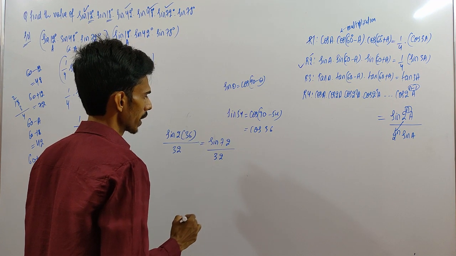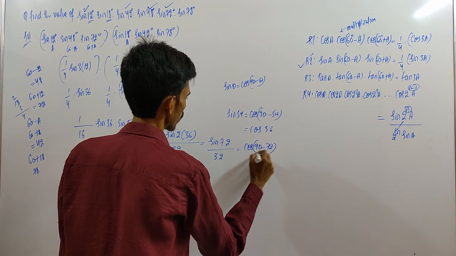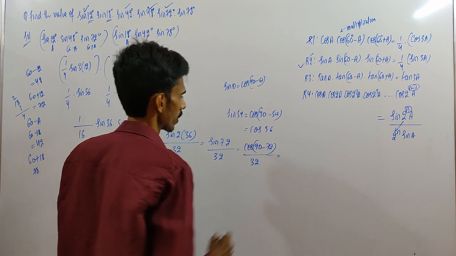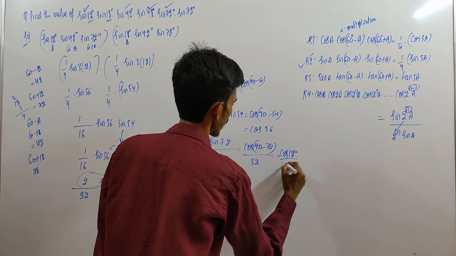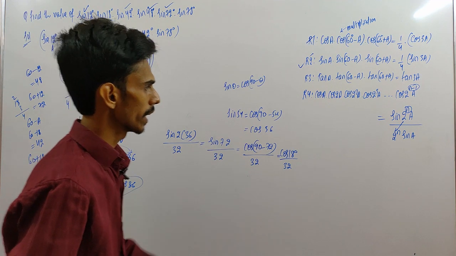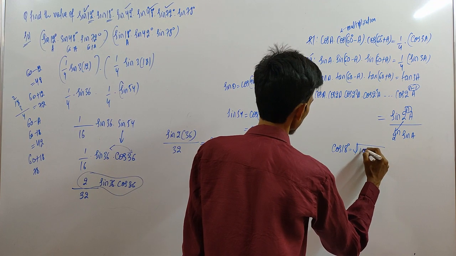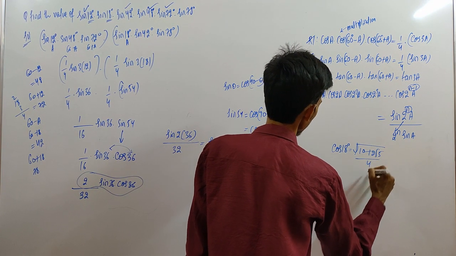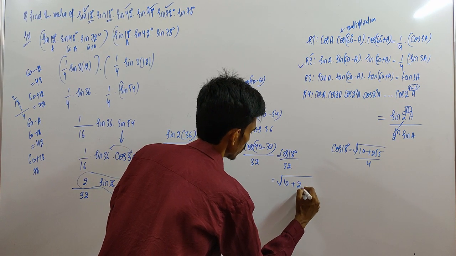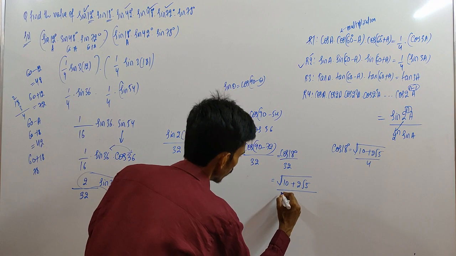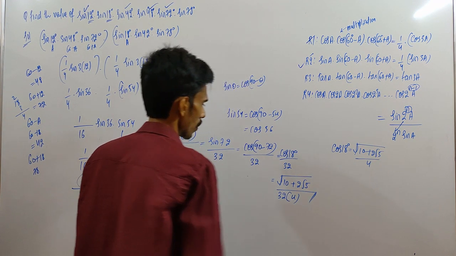Similarly, sine 72 can be written as cos(90 minus 72) divided by 32, so cos 18 degree divided by 32. Cos 18 degree value is root of 10 plus 2 root 5 divided by 4. So we have root(10 plus 2 root 5) by 32 into 4. This is the value for this question.